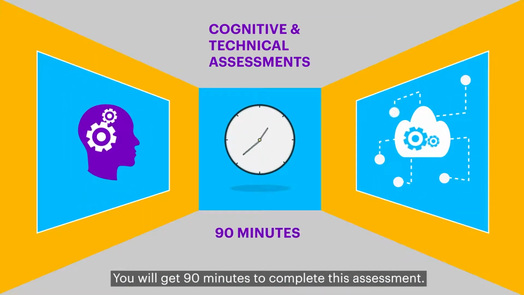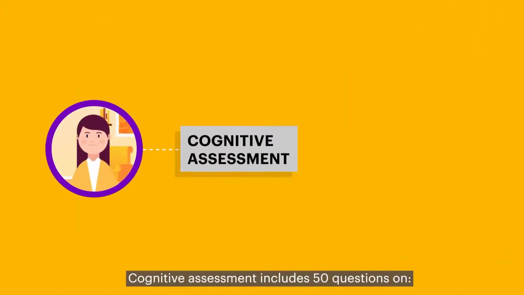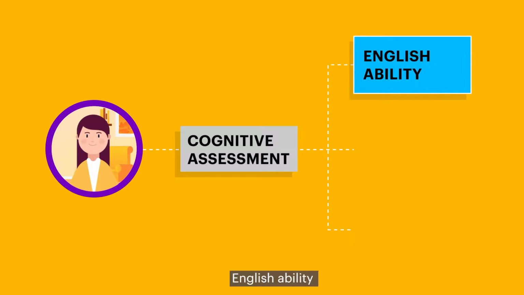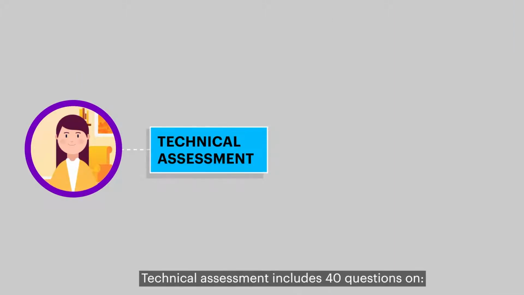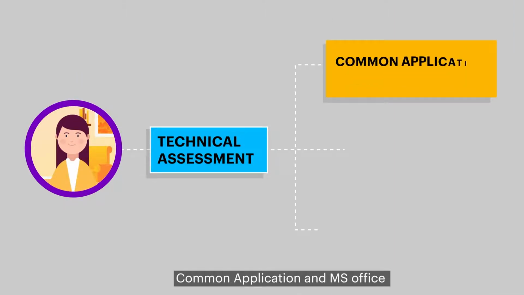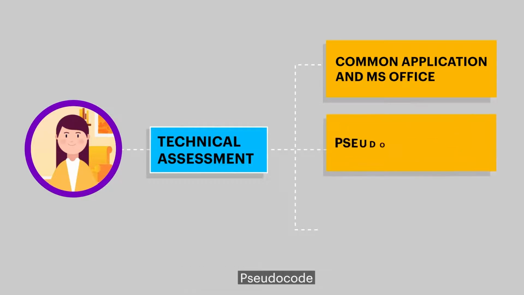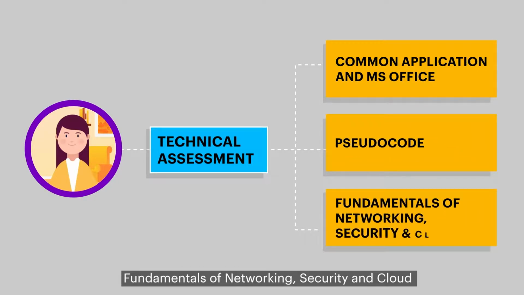You will get 90 minutes to complete this assessment. Cognitive assessment includes 50 questions on English ability, analytical reasoning, numerical ability. Technical assessment includes 40 questions on Common Application and MS Office, pseudocode, fundamentals of networking, security and cloud.